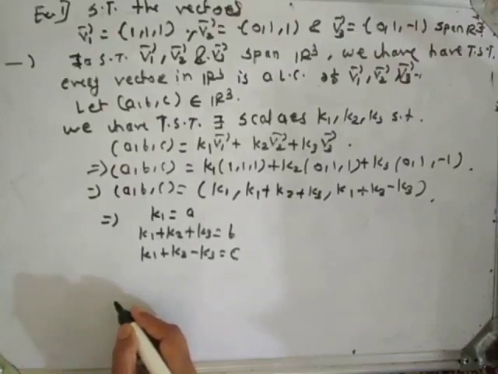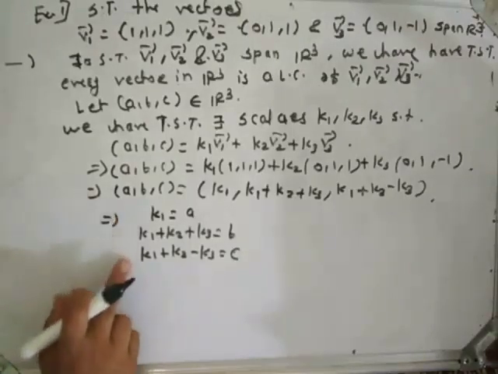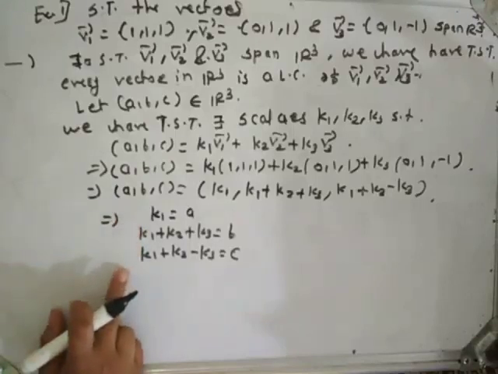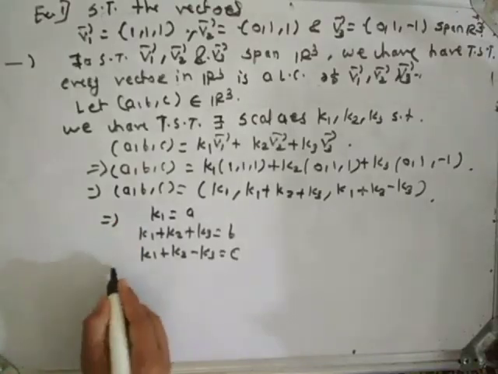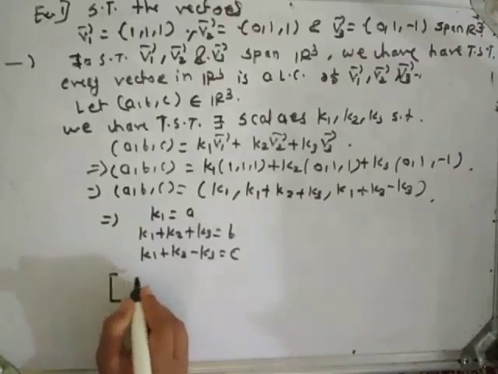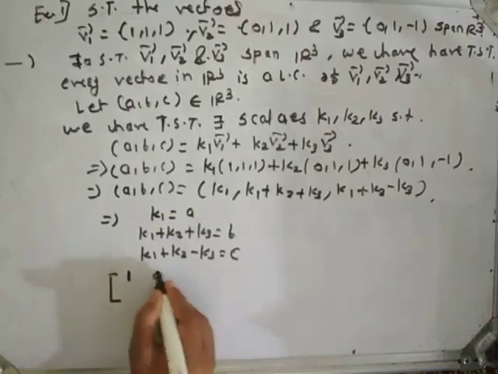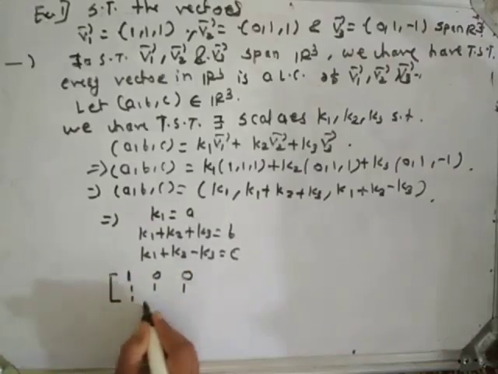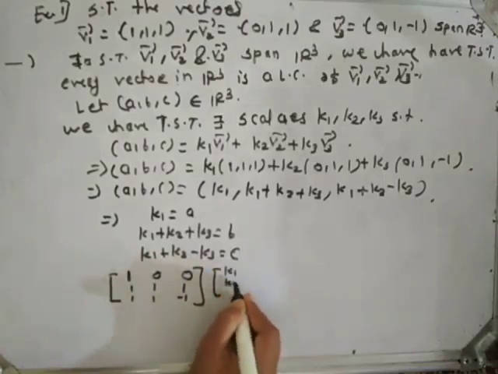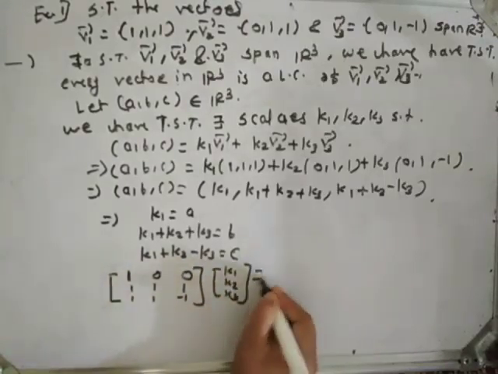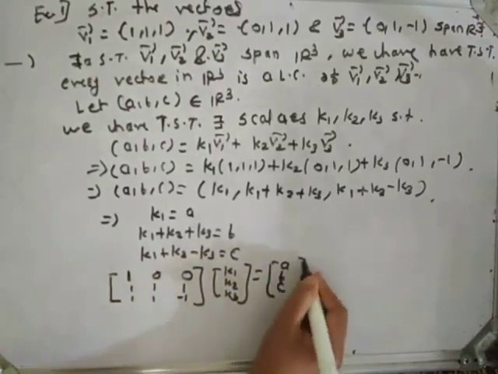Solve these equations for K1, K2, K3. Write this in matrix representation: the matrix with rows (1, 0, 0), (1, 1, 1), (1, 1, -1) times (K1, K2, K3) equals (A, B, C).